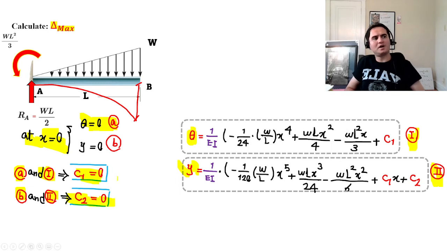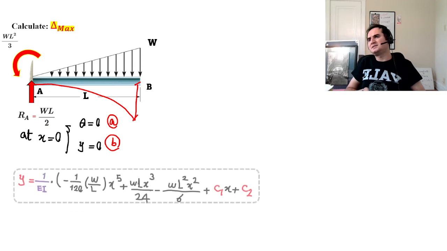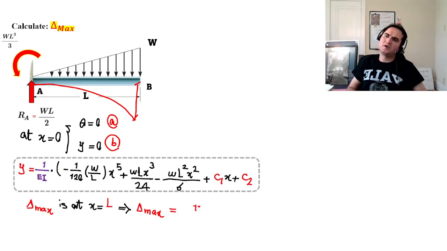If both constants are 0, then we can easily have the equation of y.